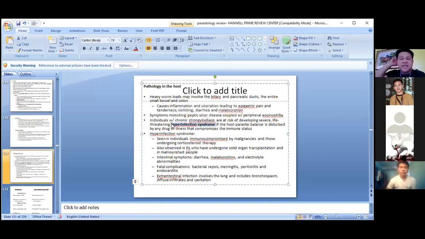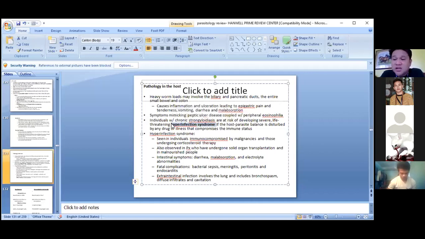So intestinal symptoms would be diarrhea, malabsorption, and electrolyte imbalance, which leads to severe dehydration and can probably become a cause of death. Fatal complications can be bacterial sepsis, meningitis, peritonitis, endocarditis. It is also affecting the lungs, I told you, right?